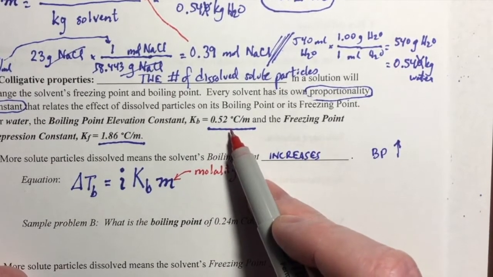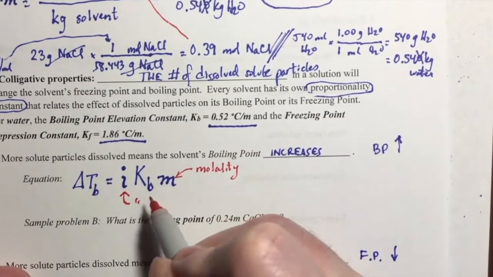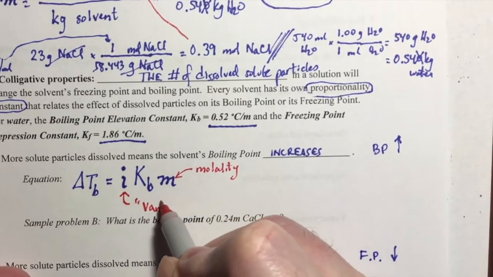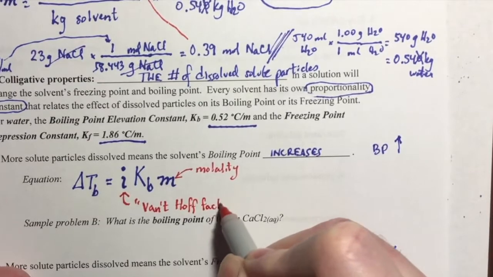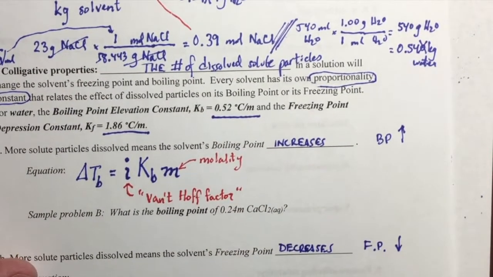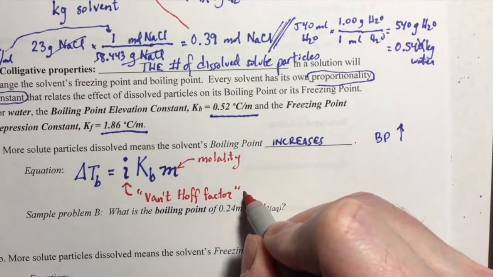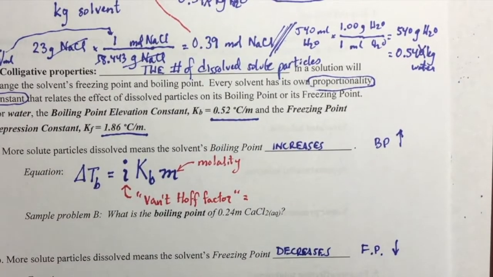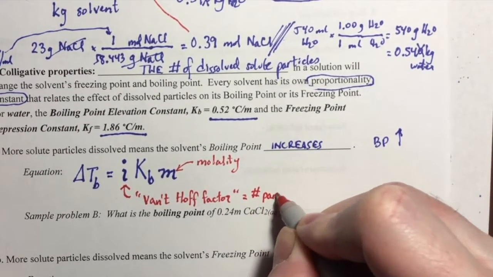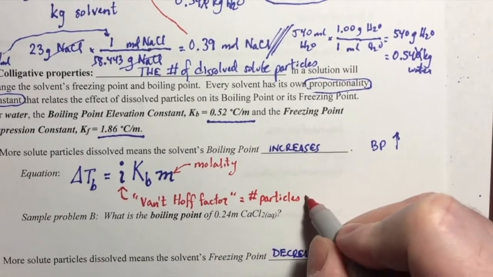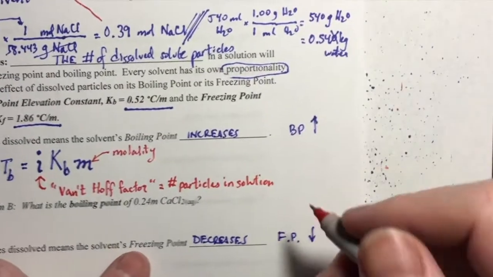So what is i? i is called the van't Hoff factor. And what is the van't Hoff factor? All the van't Hoff factor is the number of particles in solution per formula unit.